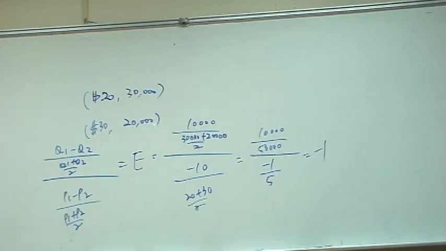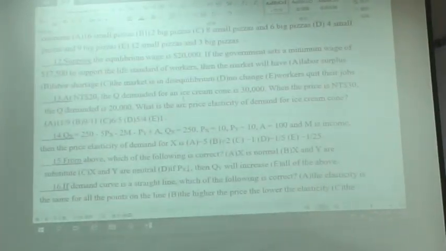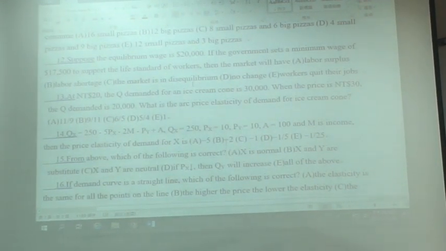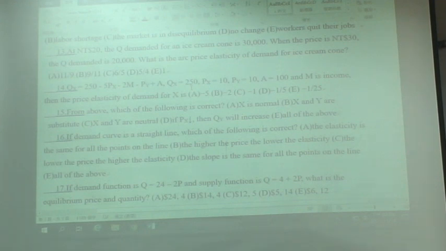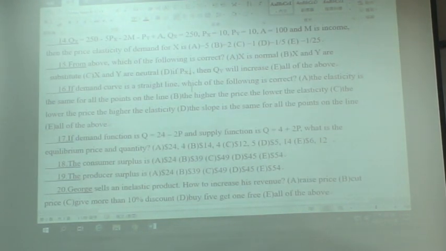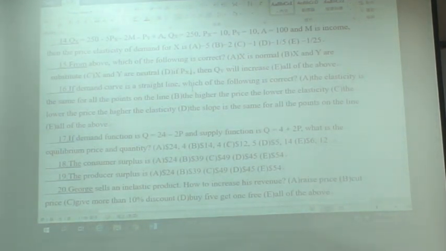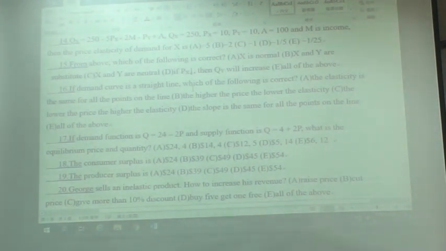Okay. Question 14. Again, we need to show the calculation.